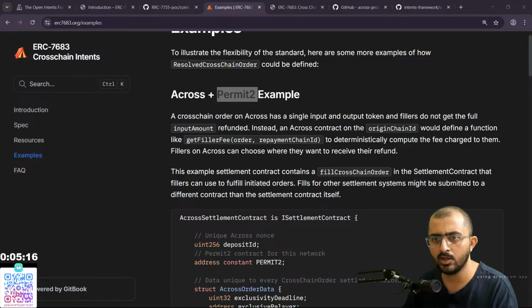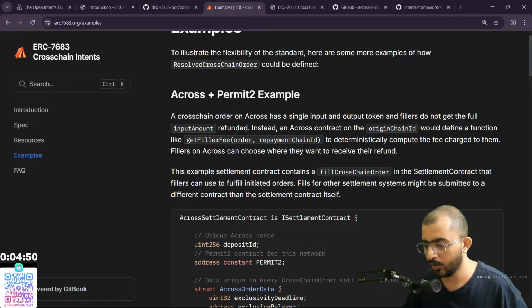What I was thinking about was generating a create contract with a predefined address. Oh, Create2, sorry, I was thinking of Create2, not Permit2.